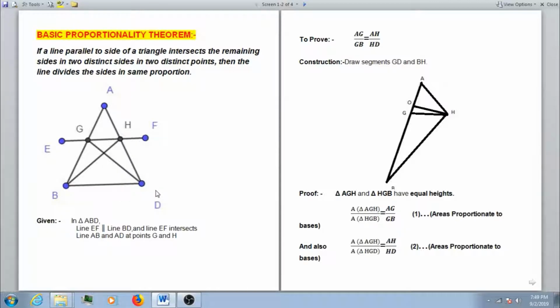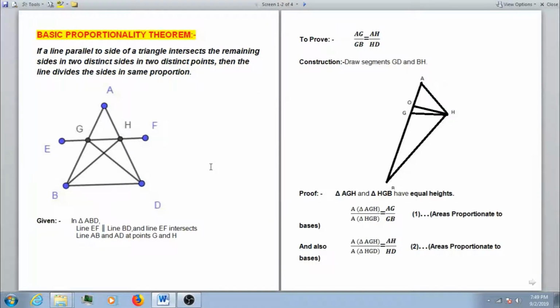Whenever you look at the statement of the theorem, friends, there are two parts: the if and the then. The if part is the given for us, and the then part is what is to be proved.